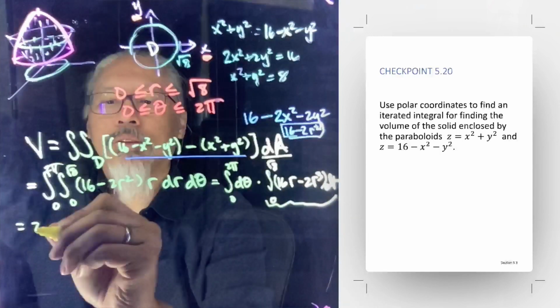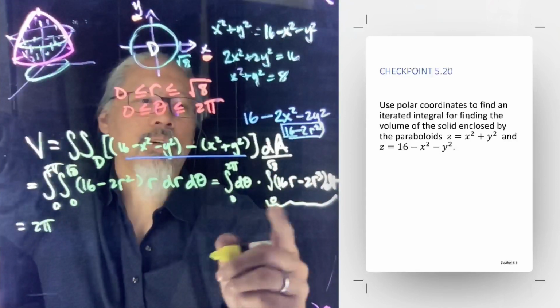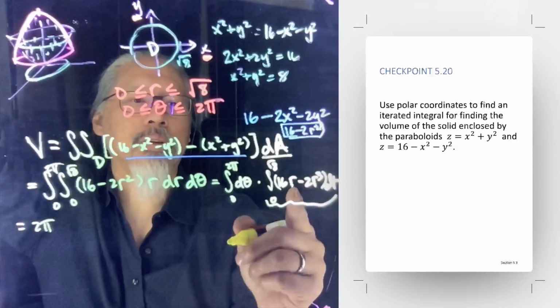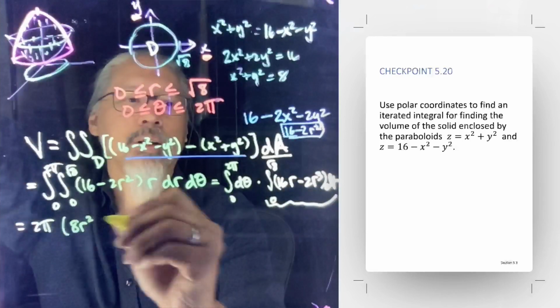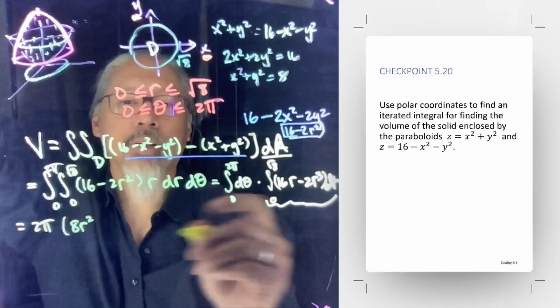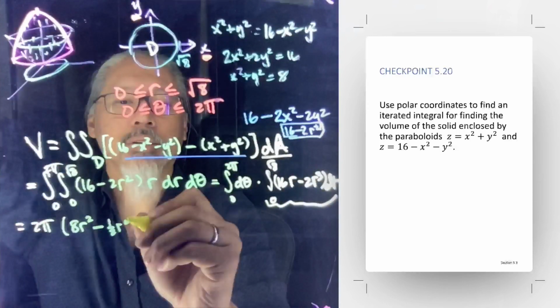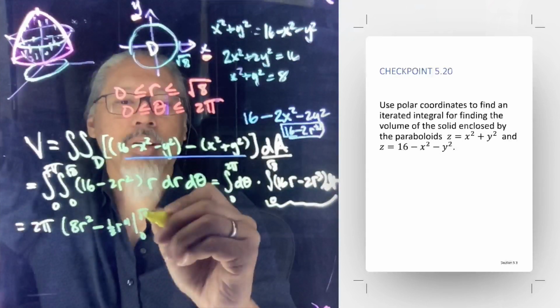We will have a 2 pi from the first integral, and then we integrate this. This is 16r squared divided by 2, so that's 8r squared. And this is r to the 4th times negative 2 over 4, so it's going to be negative 1/2 r to the 4th, and r is going to go from 0 to square root of 8.